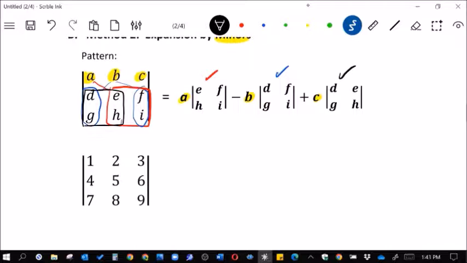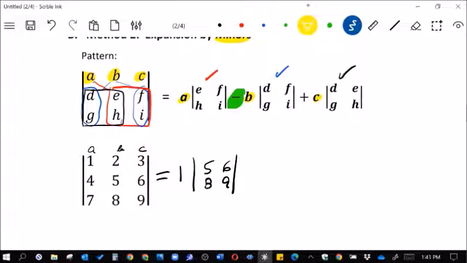So let's work this out. Oh, and notice, by the way, that that one is negative. Sometimes you have double negatives on these things, so you have to be really careful with them. So let's set this up. This is A, and this is B, and this is C. So it's 1 times 5, 8, 6, 9. That's from these here.